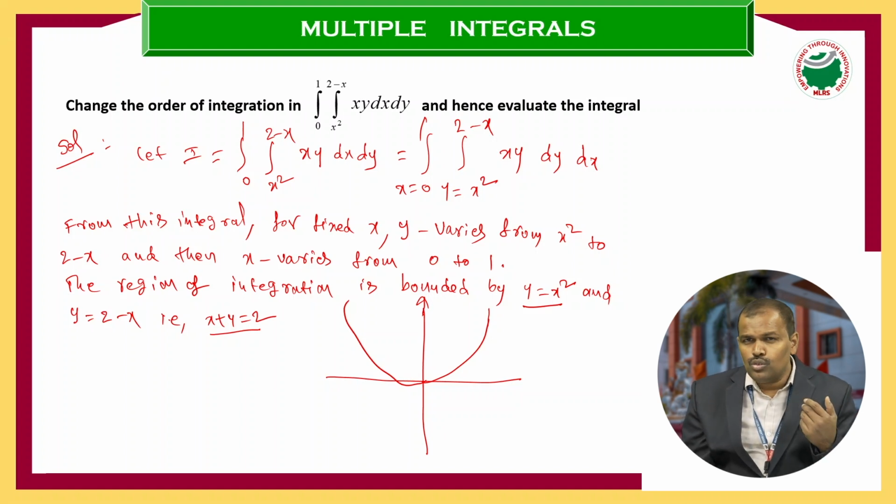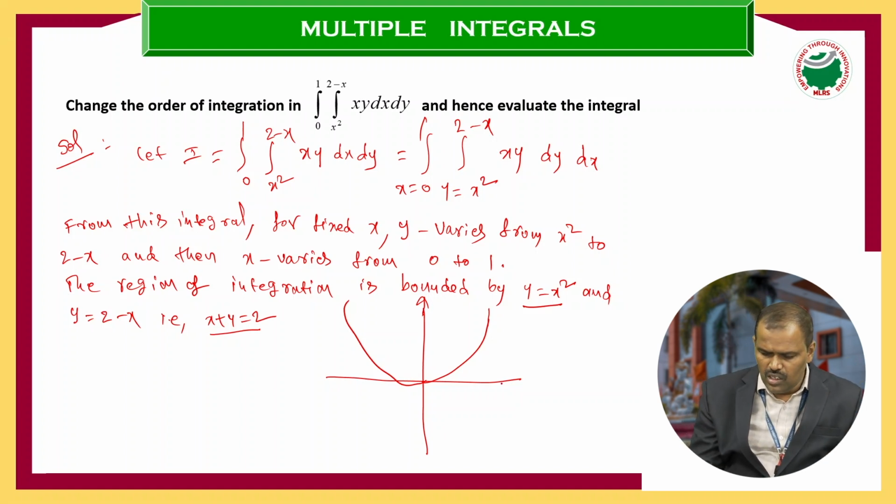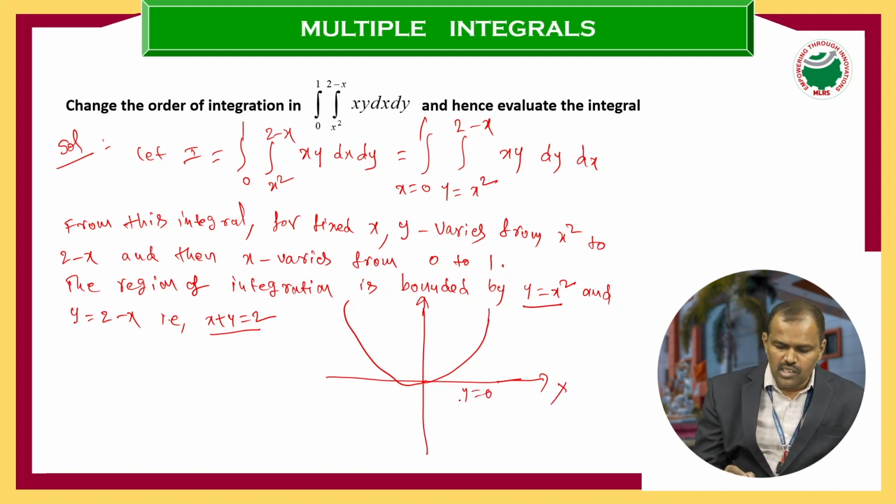Where we draw this line depends on the points of intersection. This is the x axis, meaning y is equal to 0, and the y axis, meaning x is equal to 0.